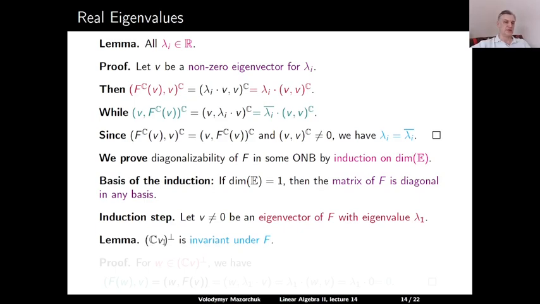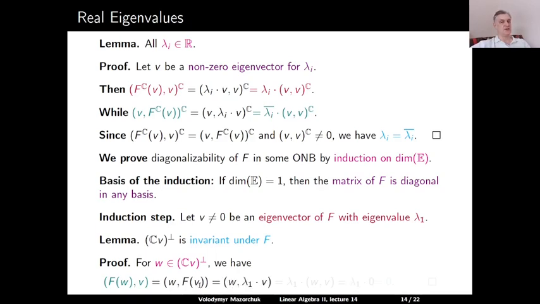The claim is that this subspace is f invariant. To check that it is f invariant, take any element w from this orthogonal complement. We want to prove that f of w belongs to the orthogonal complement. In order to prove that, we need to check that the scalar product between f of w and v is 0. So let's compute the scalar product between f of w and v. This is equal to the scalar product between w and f of v.